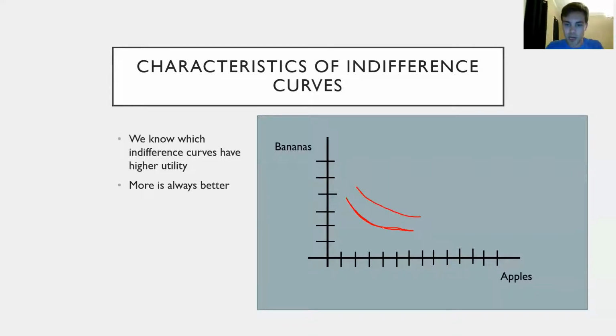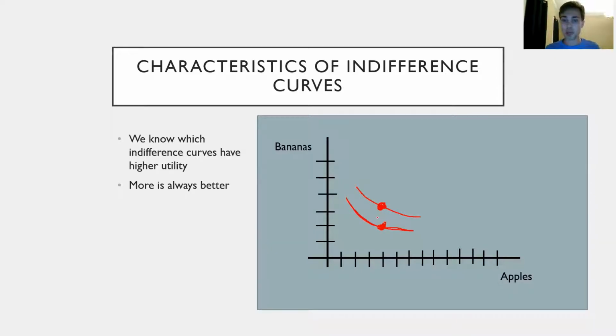And I'll show you by picking 2 points on these curves. So let's say we pick this point on this indifference curve. We have 2 bananas and 4 apples. Now, if we move up to this next indifference curve, we stay at the same level of number of apples, except for now we've increased our amount of bananas.